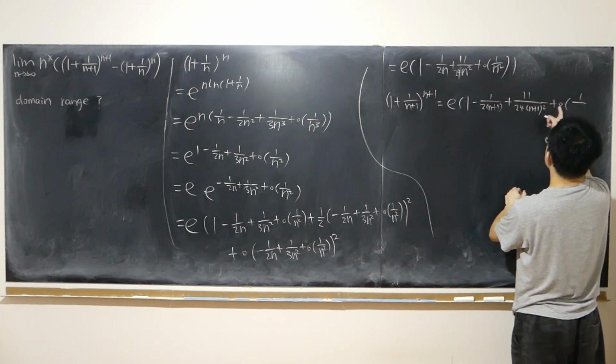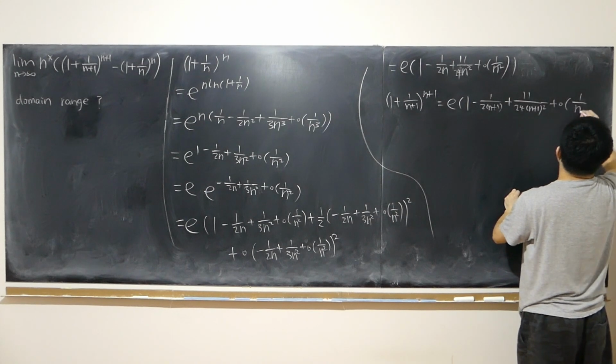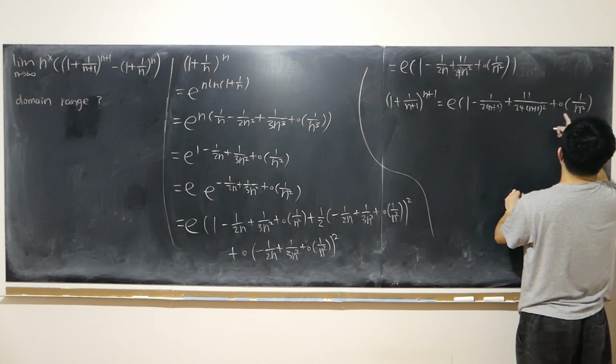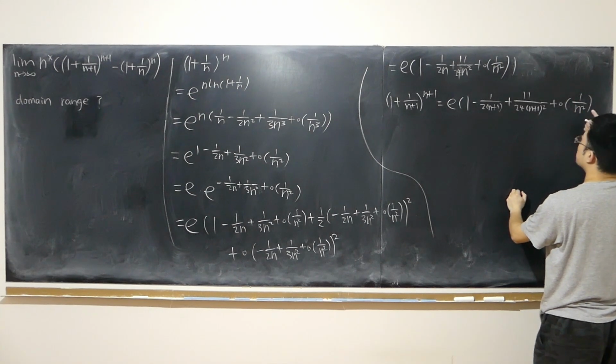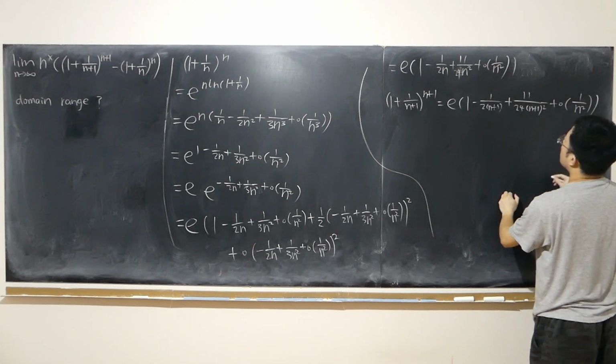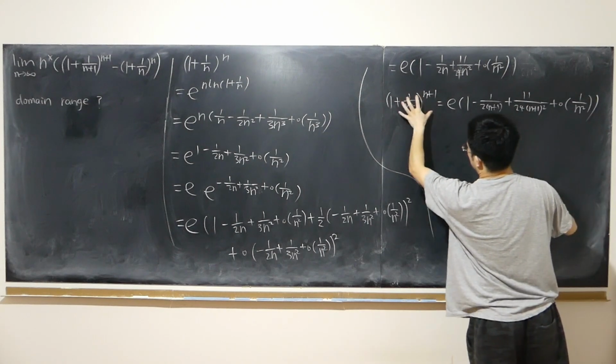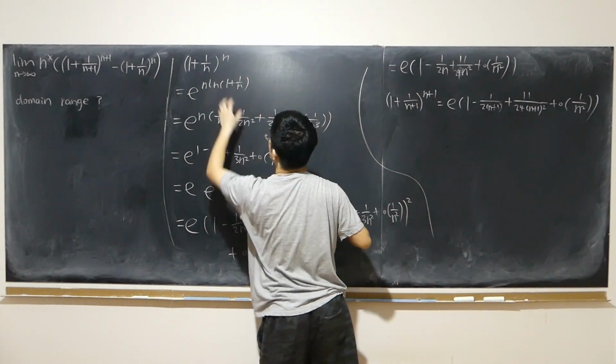But it's the same as little o of 1 over n squared, because they approach 0 at the same speed. So eventually I'll take their difference: this minus that.